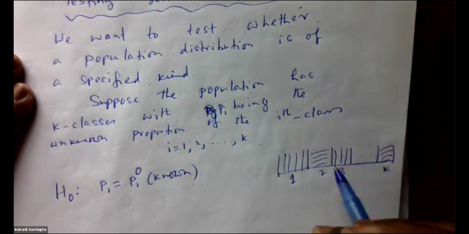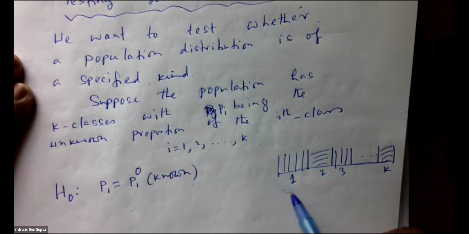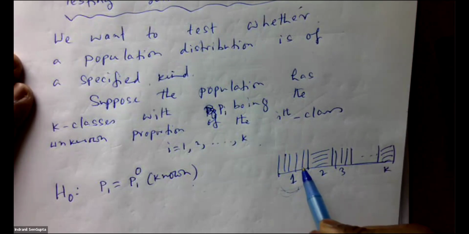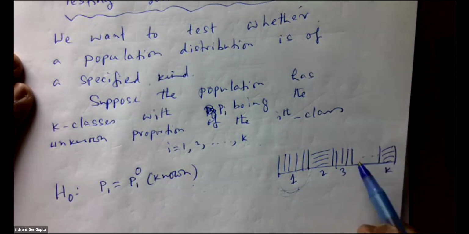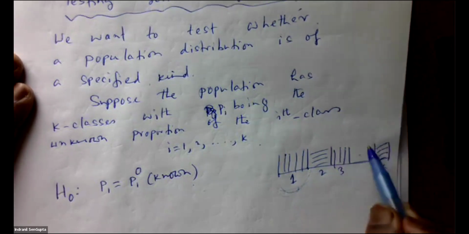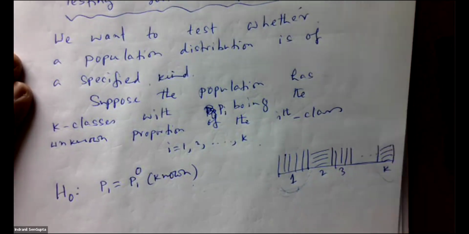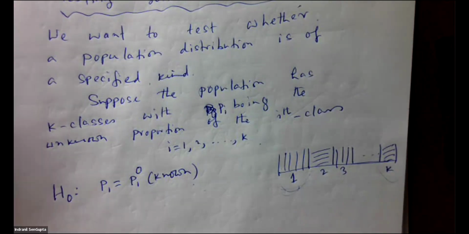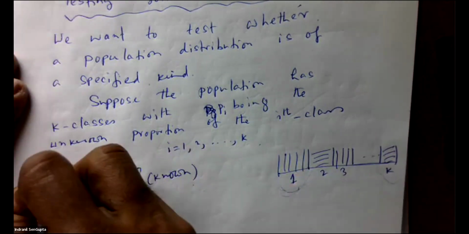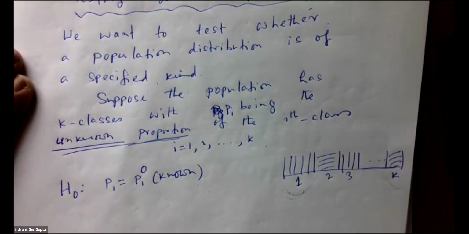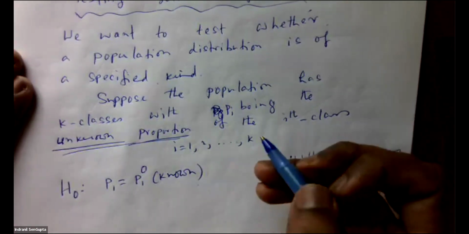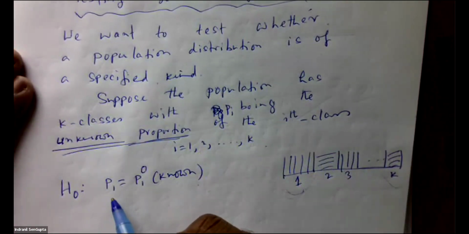So what are we saying? For class 1, the proportion is p sub 1. For class 2, the proportion is p sub 2. Class 3, proportion p sub 3. Class k, proportion p sub k. Those are the unknown proportions, and we are trying to estimate them in the following way.